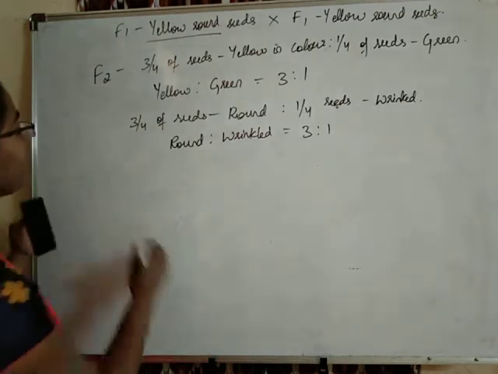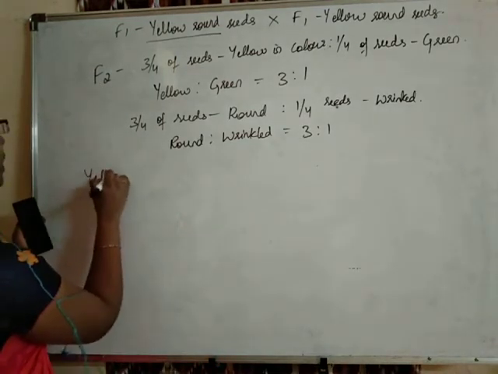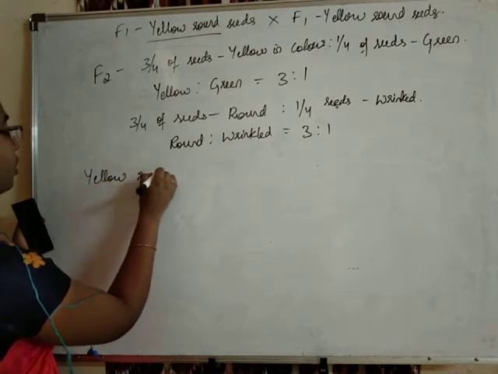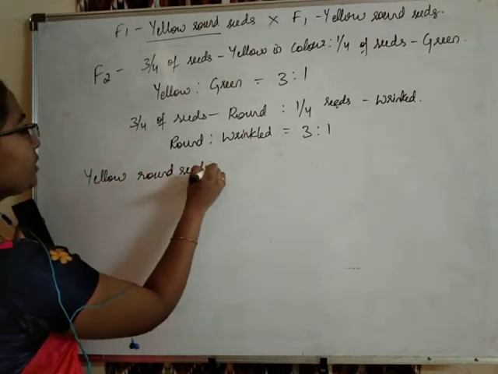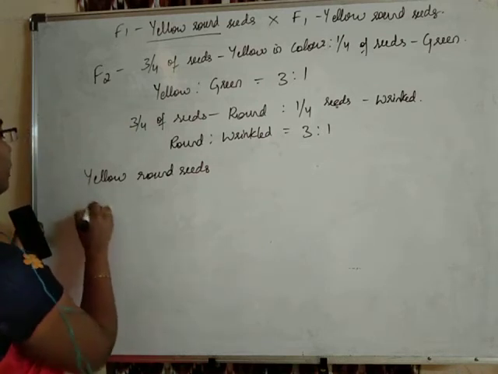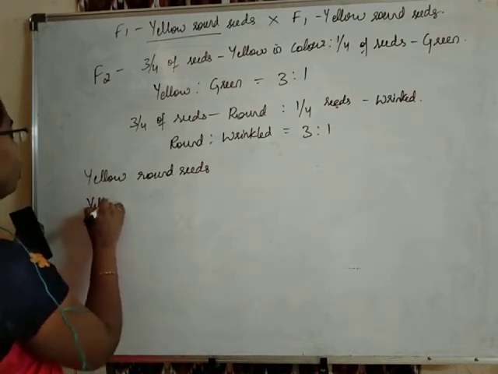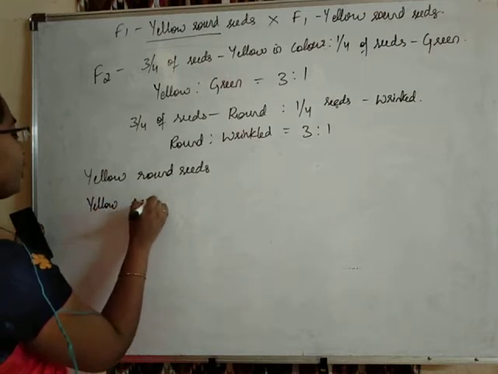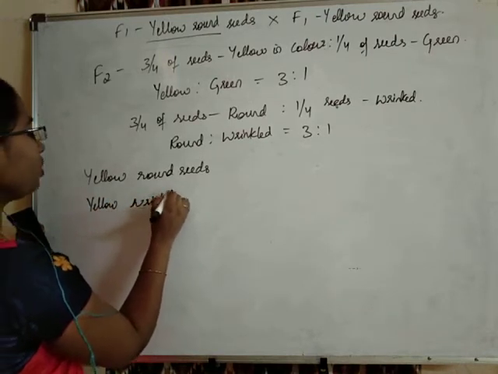He observed yellow round seeds, yellow wrinkled seeds, green round seeds, and green wrinkled seeds.